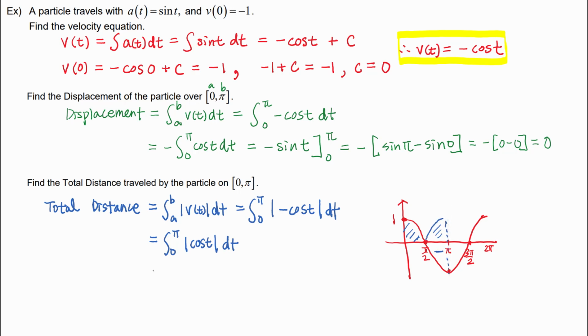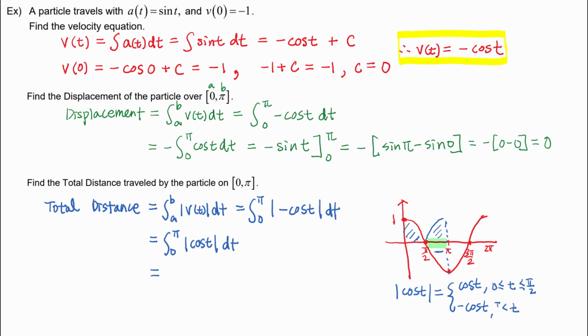So what we need to do is rewrite the absolute value of cosine t. We know the absolute value of cosine t is cosine t when t is from 0 to pi over 2. And then we have to take the opposite of cosine t to make it positive, since from pi over 2 to pi, the cosine function is negative.